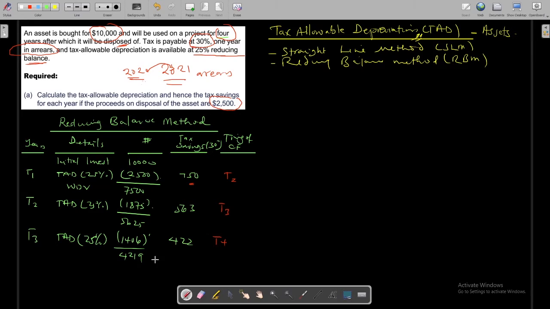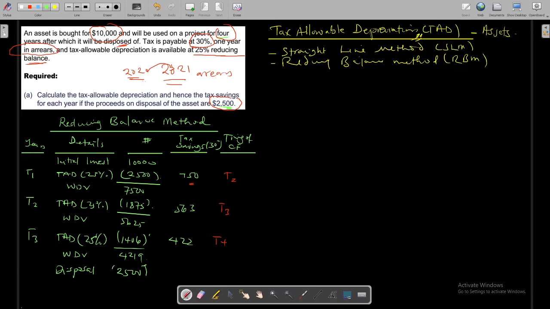Now this is the written down value going into year 4, at the beginning of year 4. But the asset was sold at the end of year 4 for 2,500. Therefore, we are going to have a disposal of 2,500.